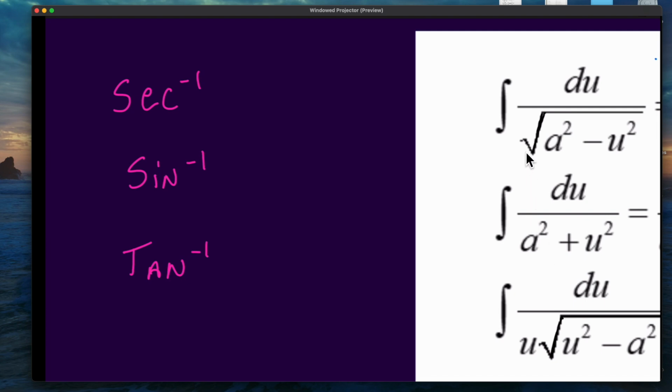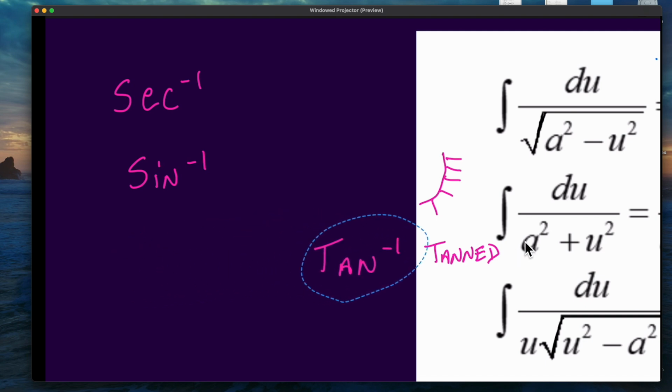If you envision these other functions have this umbrella, this awning protecting this integral from the sun, this one doesn't have it. This one is going to get tanned. I think you know where I'm going. This is going to be the inverse tangent function, with no umbrella to cover it from the sun.